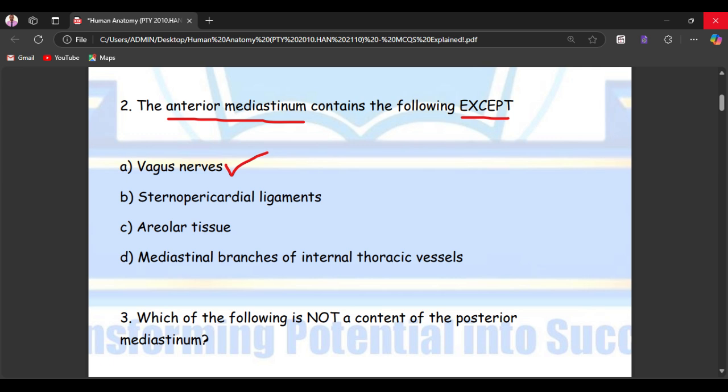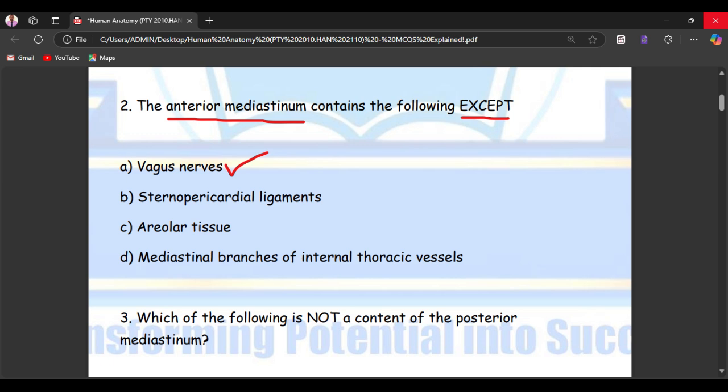All those are found in the anterior mediastinum. Coming to the vagus nerve, it passes through the posterior and the middle mediastinum, not the anterior mediastinum.